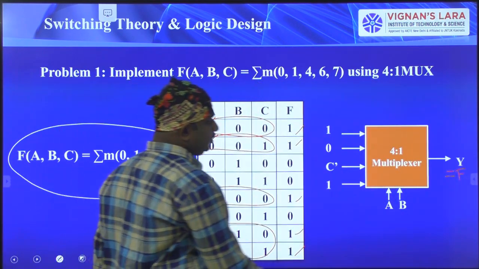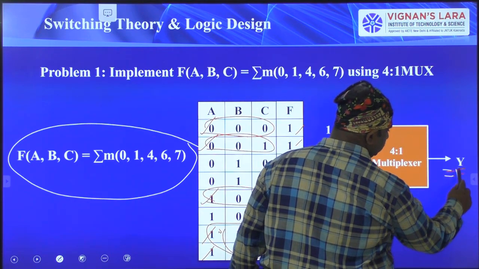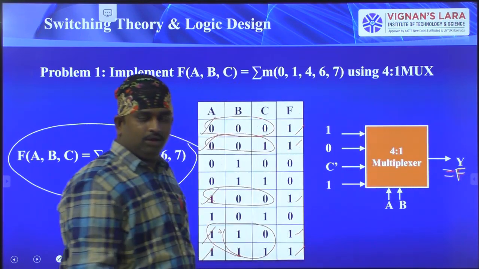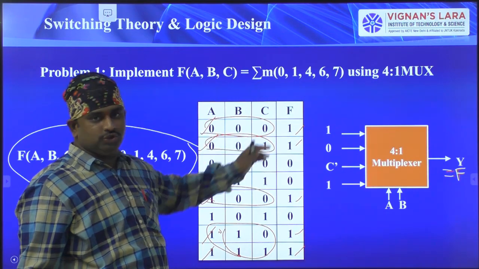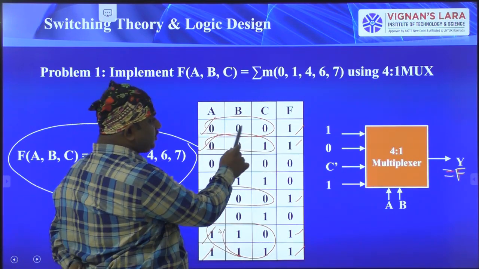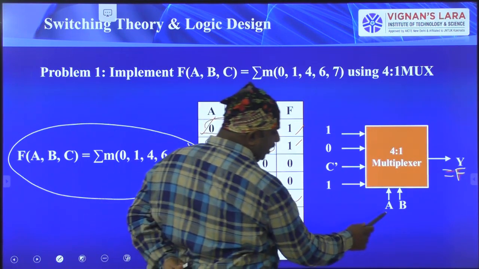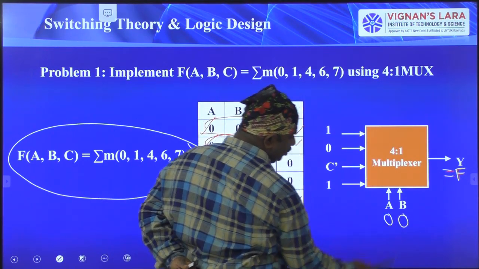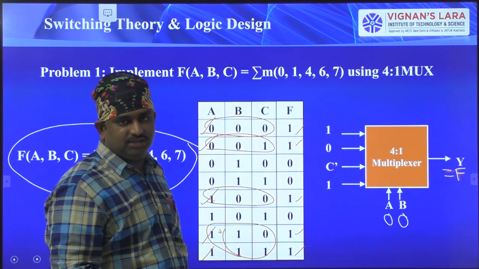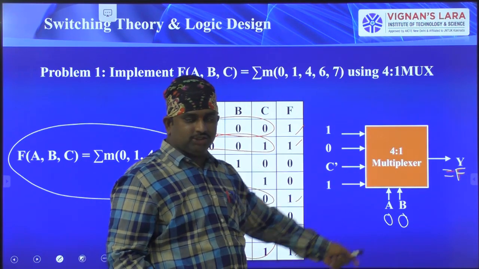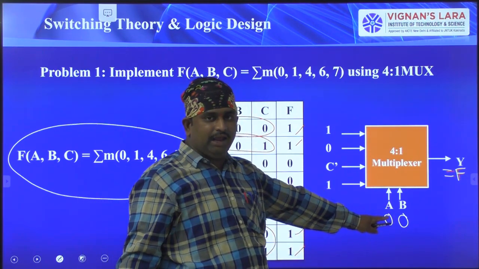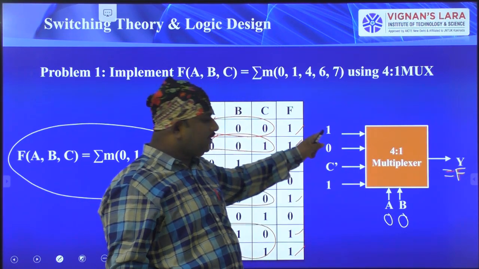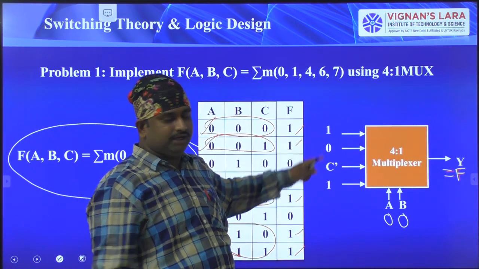Right. Y is equal to F. Now select the first combination ABC: 0, 0, 0. So A value is 0, B value is 0, C value is 0. Here we are not giving any C value; there is no C connection, we have left that value. Now when you select AB equal to 0, 0, which input are we going to select here?